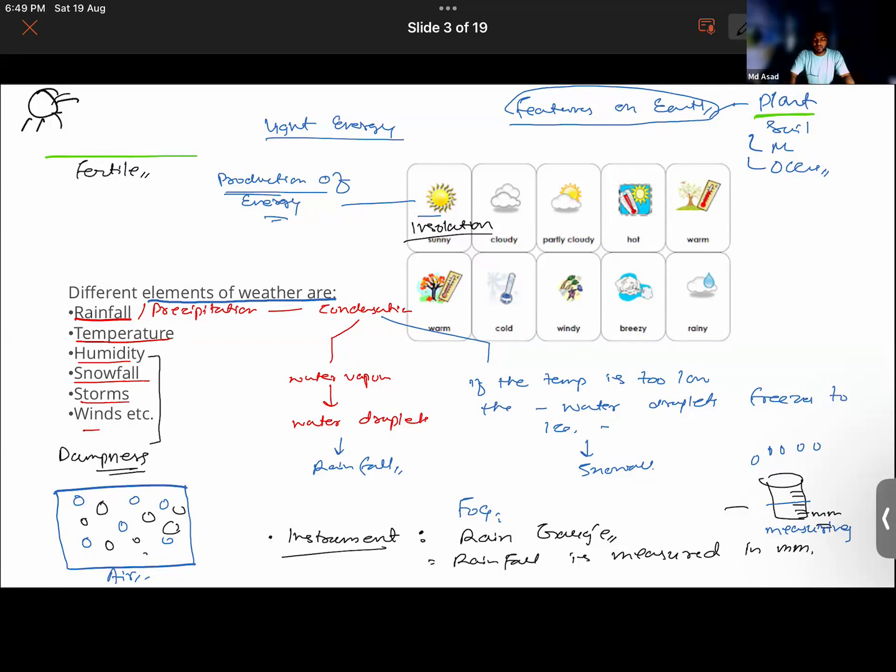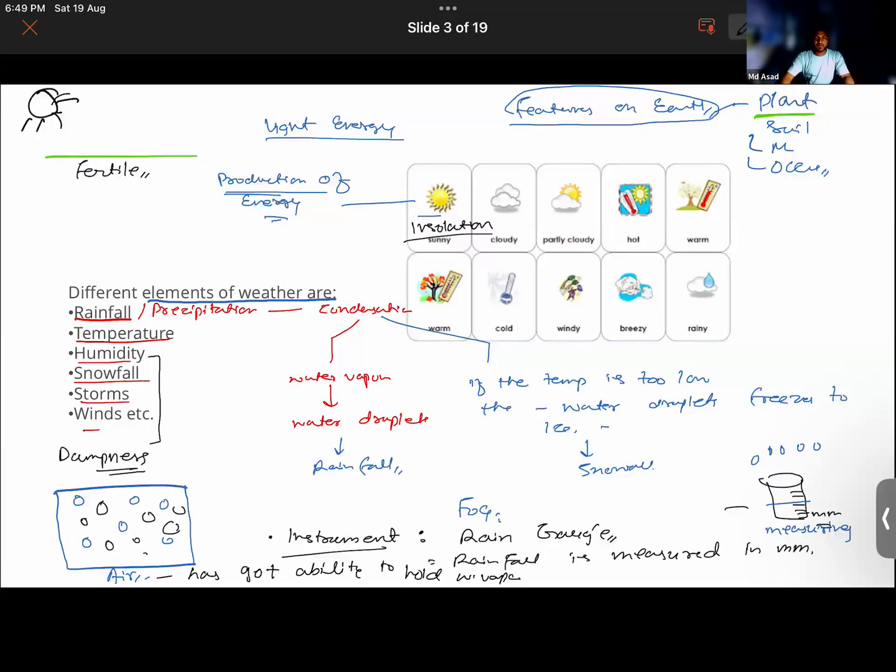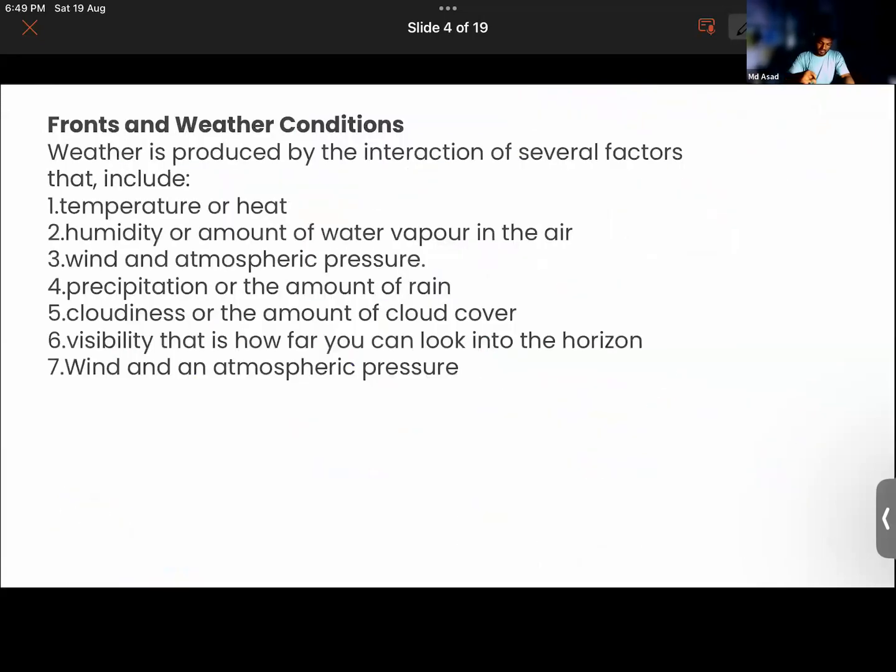That's why we say that air has the ability to hold a certain amount of water vapor. Getting it?